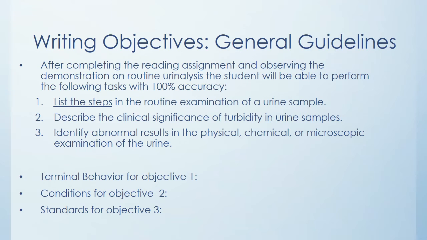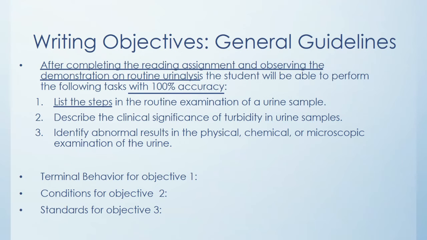So the terminal behavior for objective 1 is we have list the steps. Pretty simple. The conditions for objective 2, this one is actually hidden up in the main introductory paragraph, which is after completing the reading assignment and observing the demonstration. And then the standards for objective 3, with 100% accuracy.